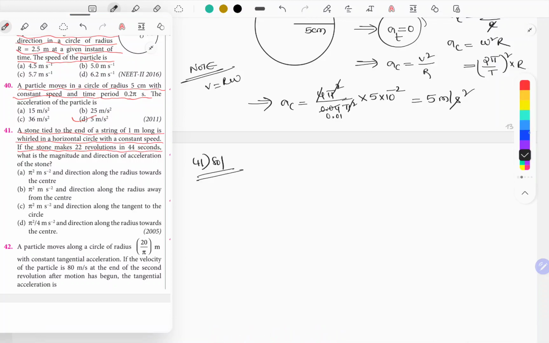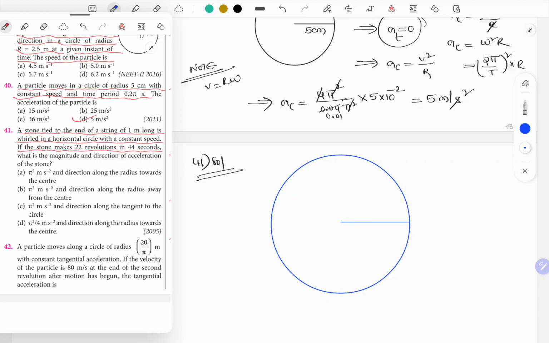Super. Imagine a stone is tied here. The length of the string is 1 meter, whirled in a horizontal circle with a constant speed. So it is being whirled with a constant speed.